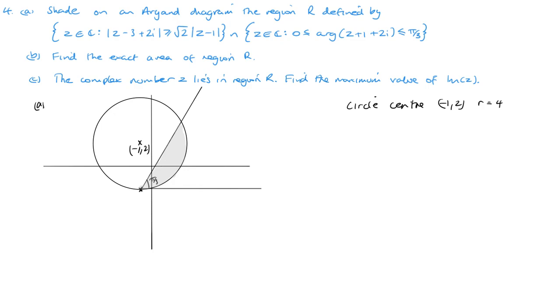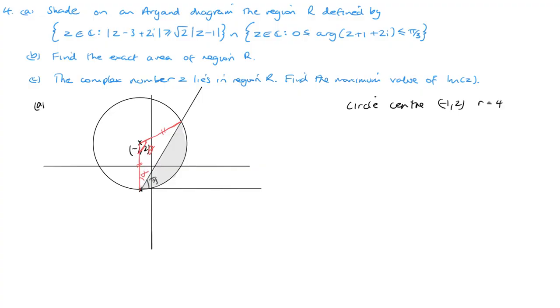Okay. Now, part B is find the exact area of the region. So let's mark this out. We need the area of a segment. So we need to find this value of theta. Now, these are both radiuses.